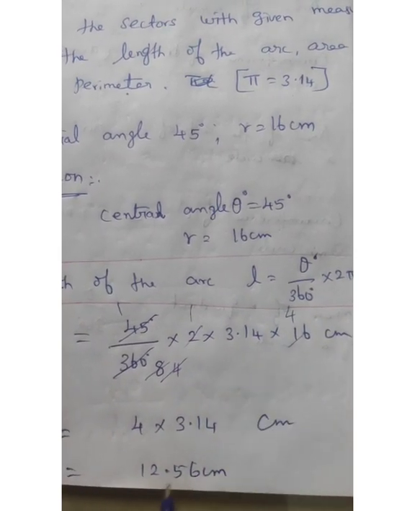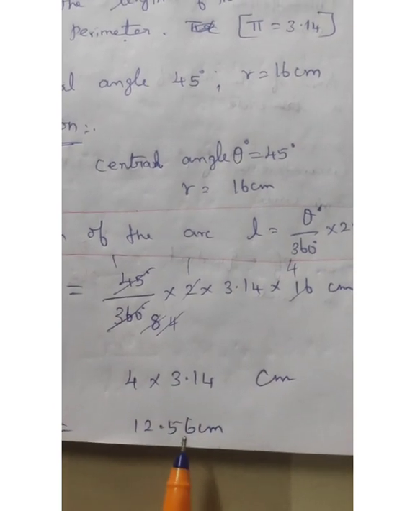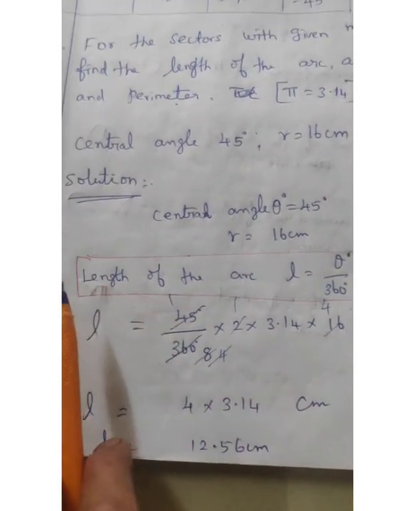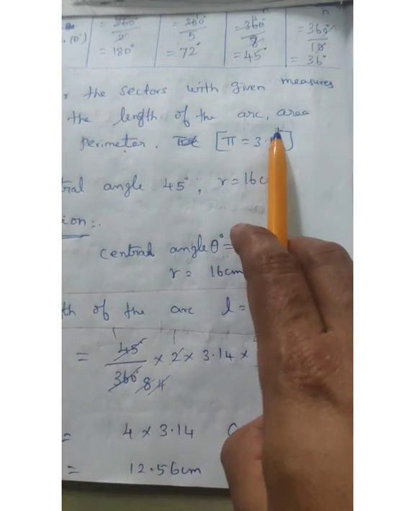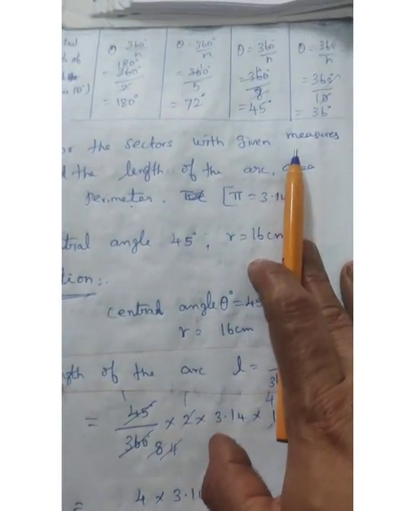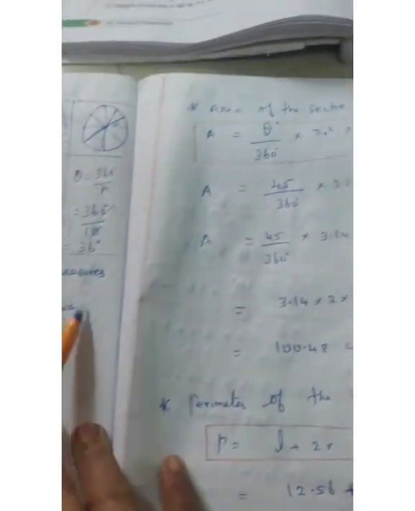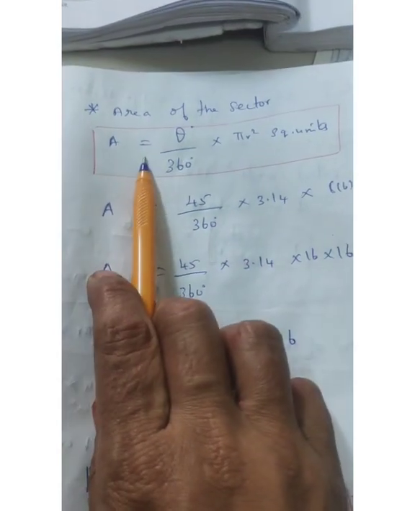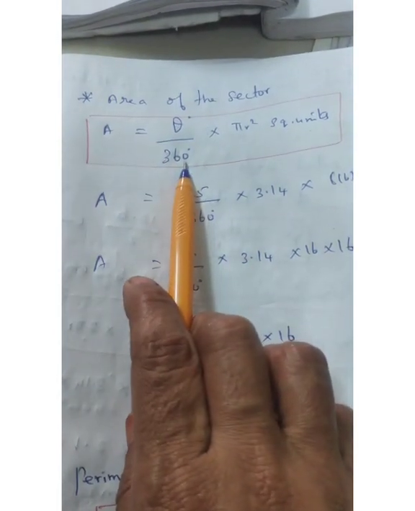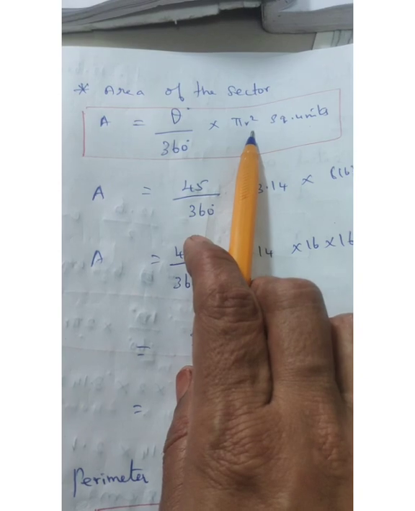The remaining number is 4, into 3.14. The answer is 12.56 centimeter. This is the length of the arc. Next we want to find the area of the sector. Area of the sector formula: A equals theta degree divided by 360 degree into pi r squared.